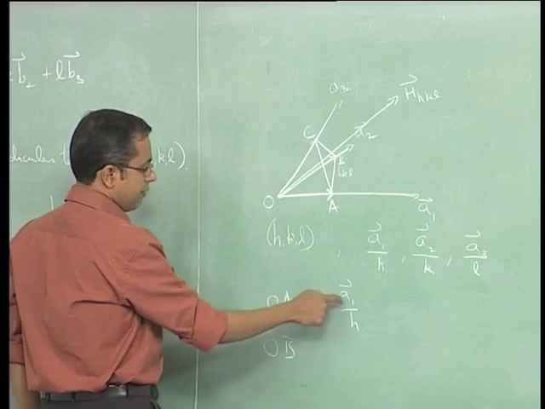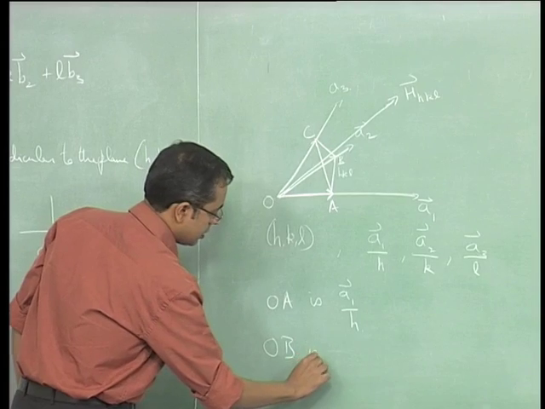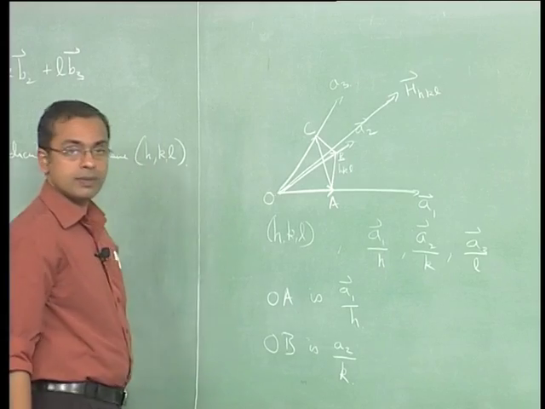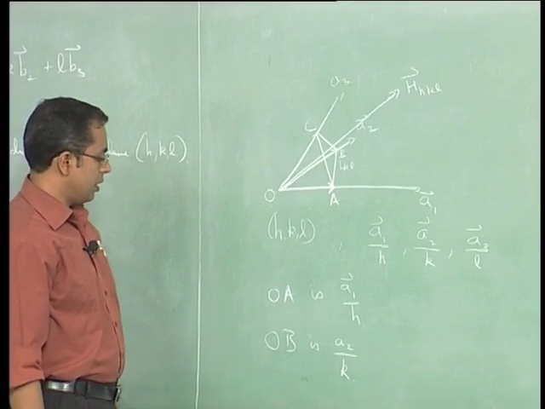So OA is A1 by H, OB is A2 by K. Fine, so this is what we have.